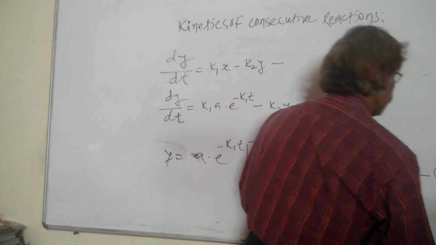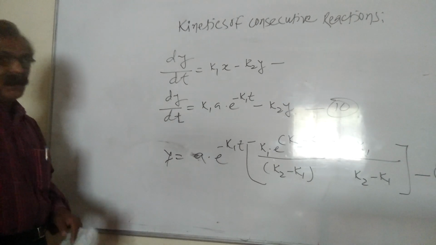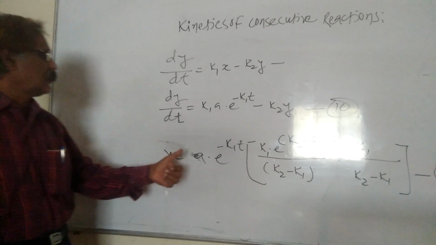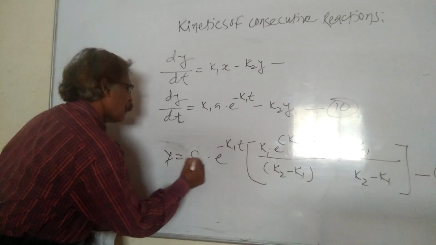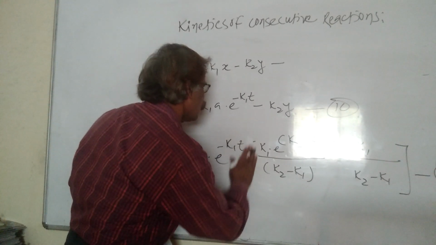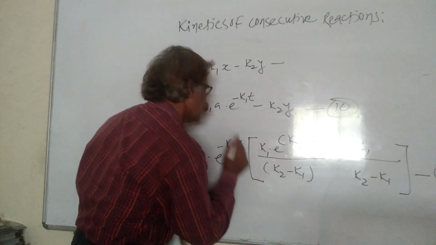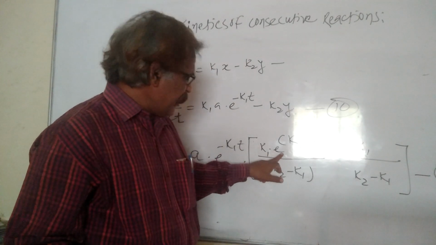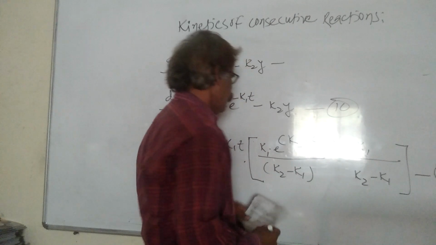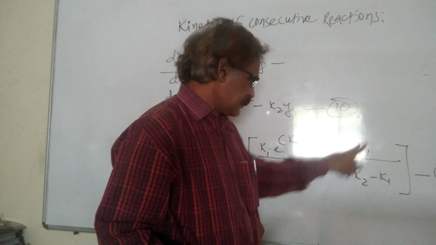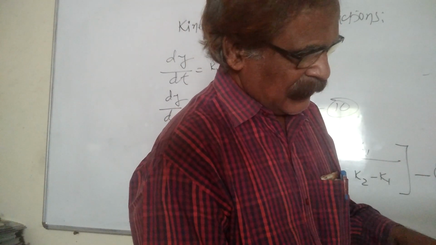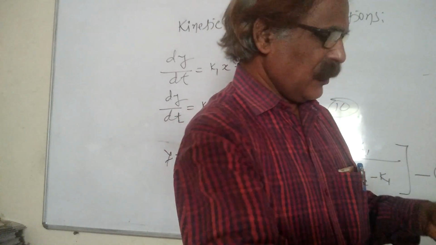Let us suppose this is equation number 11. So the solution of this first order linear differential equation is y is equal to a into e to the power minus k1 into t into k1 into e to the power k2 minus k1 into t upon k2 minus k1 minus k1 upon k2 minus k1. Equation number 11.